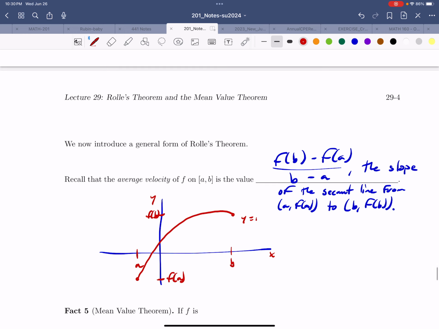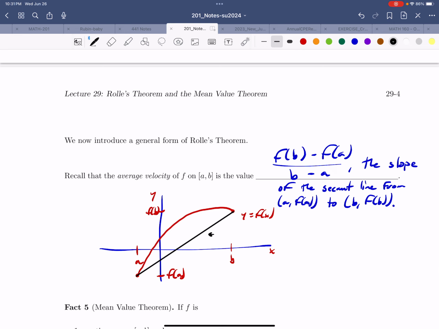That's y equals f of x. Let's note our secant line. Let's see if I can draw a nice smooth secant line right there. That's the secant line with slope f of b minus f of a all over b minus a.